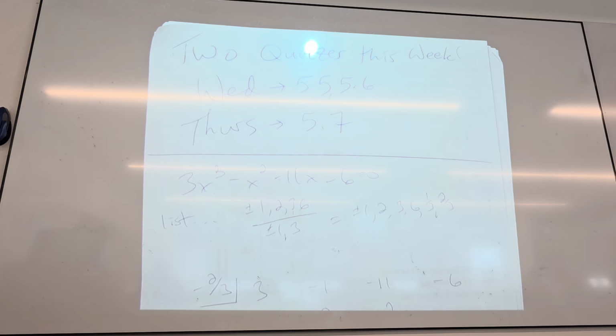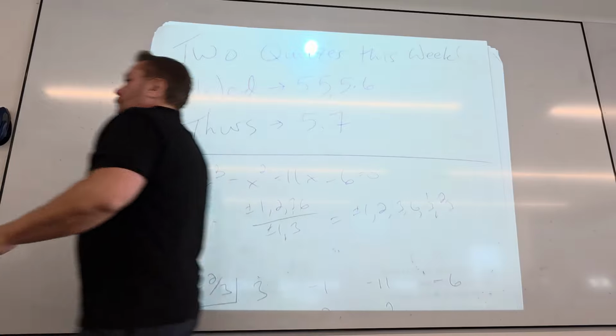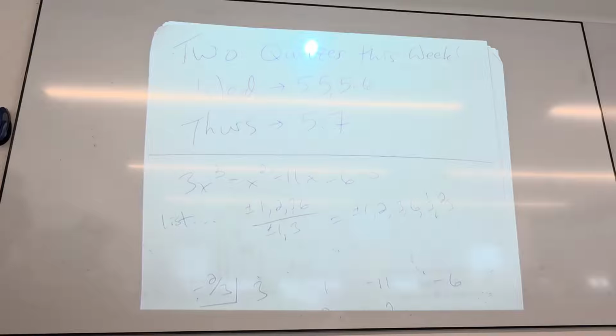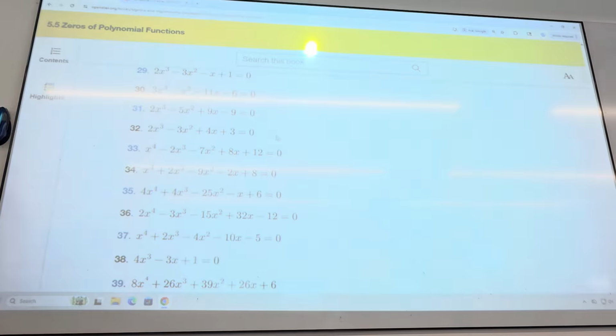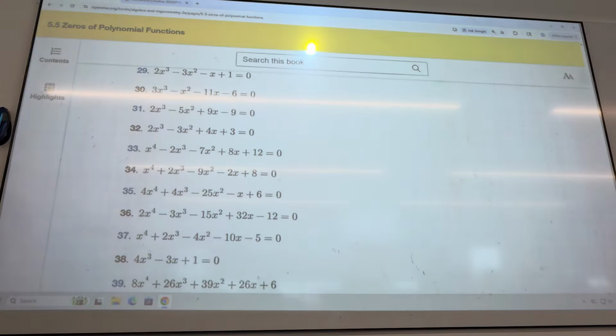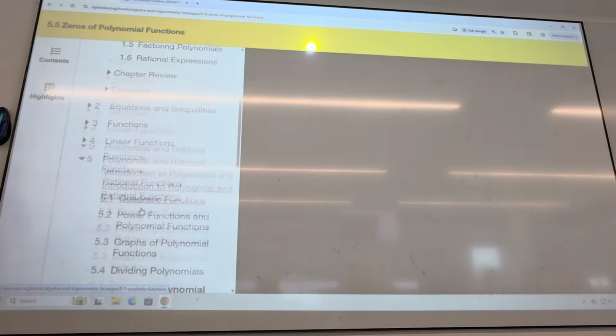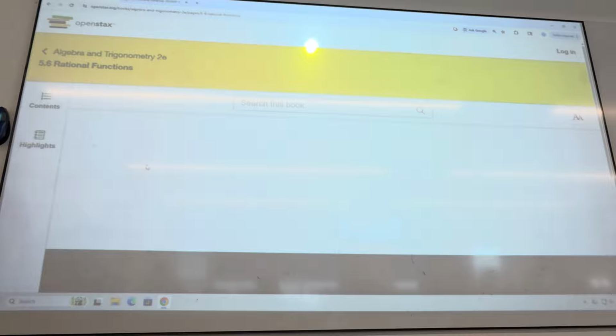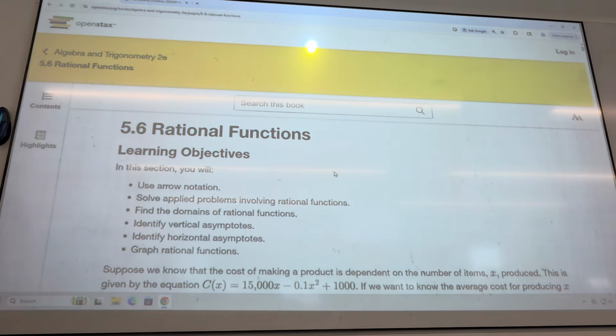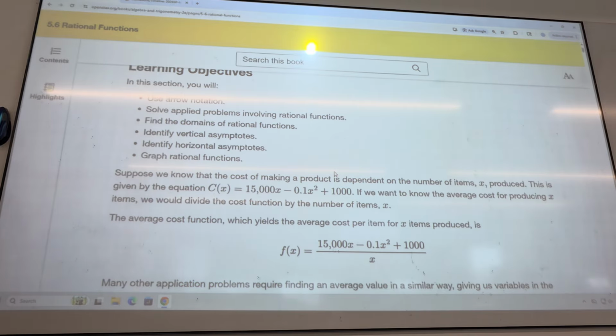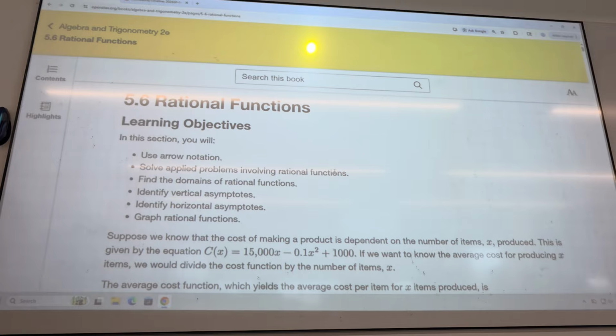Yes. 5.6, number 12. Oh, 5.6? We haven't gotten here yet. Oh, let me go back.